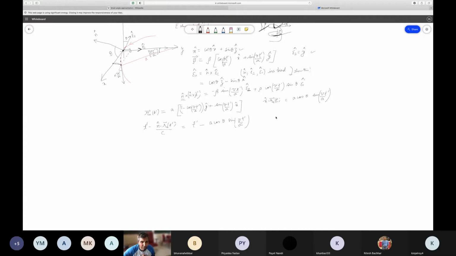So we'll use this approximation, and Vt prime by A is much less than 1, right? Basically, only in this portion of the orbit, only for small angle theta and only for small angle Vt prime by A will you see significant radiation in this direction.